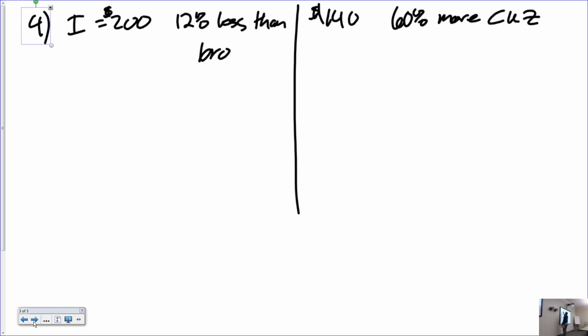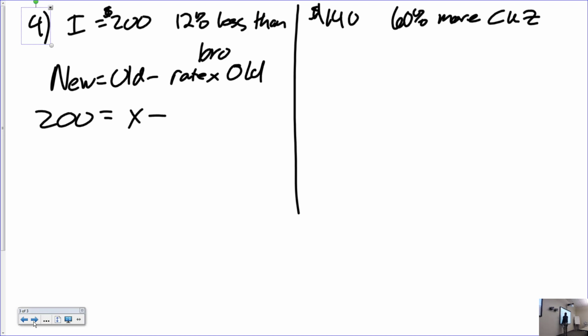So here, new is equal to old minus rate times old. 200 equals x minus 0.12x. $200 is 0.88x.